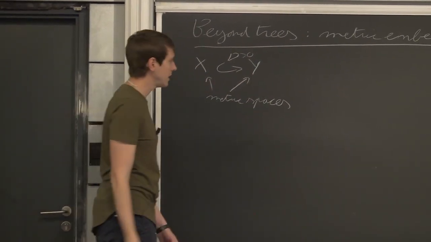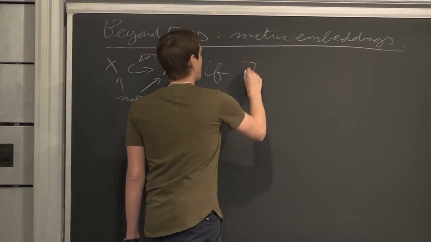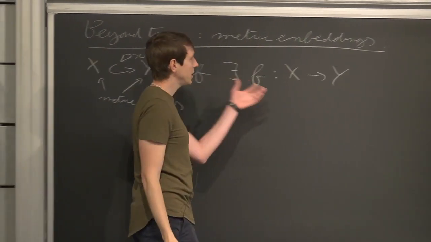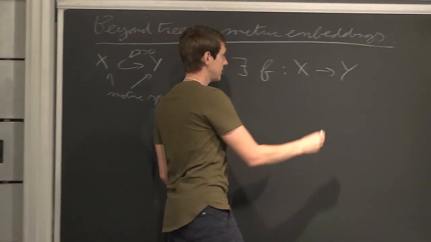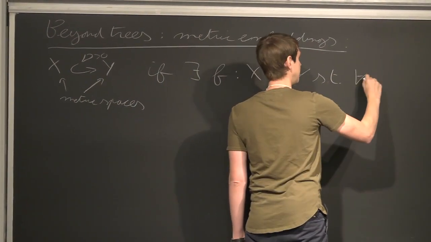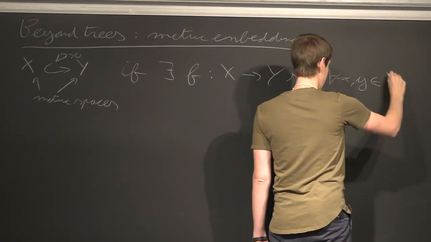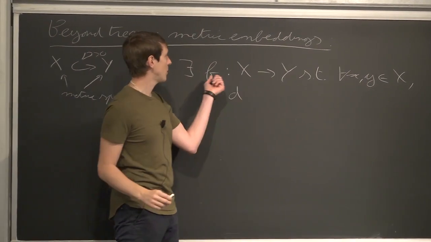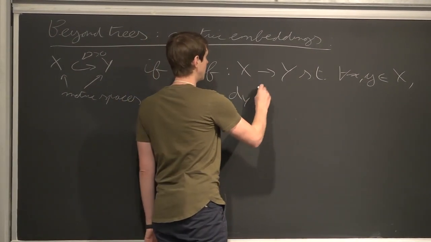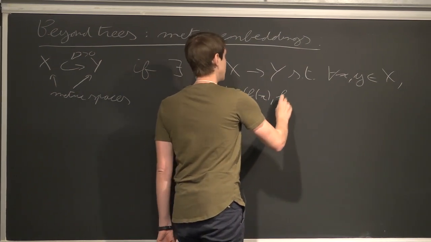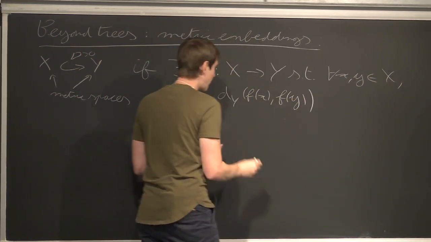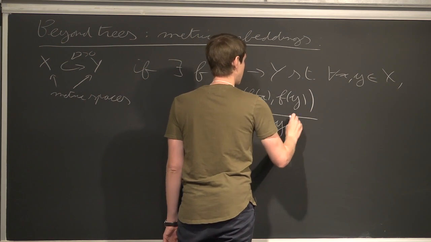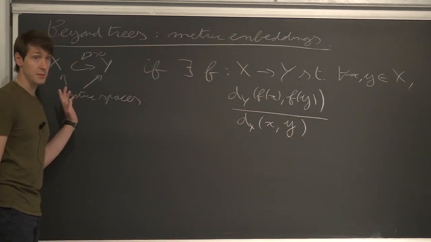I use this notation if there exists a map f from x to y that does not change too much the distances, such that for any pair of points x, y in x, if I look at the distance in y between f of x and f of y, this should be comparable to the distance in x, up to a distortion factor of d.